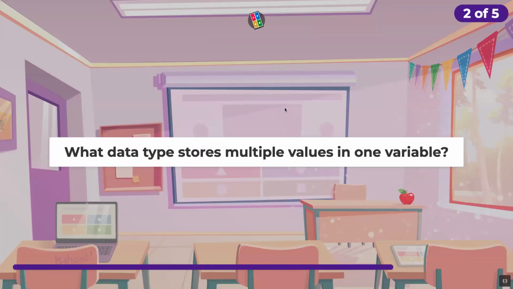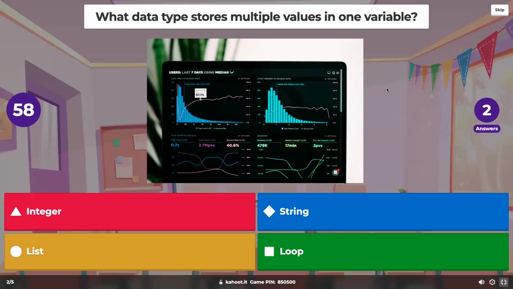What data type stores multiple values in a variable? Not everyone's answered, right? Otherwise, the timer is still going.